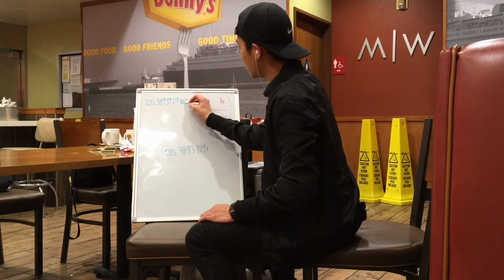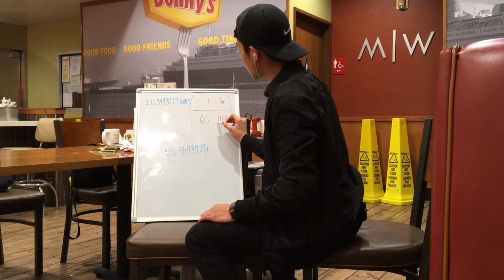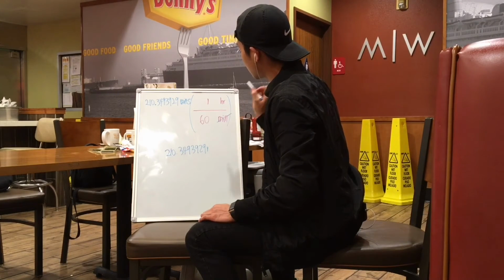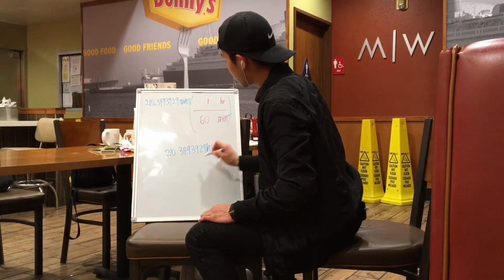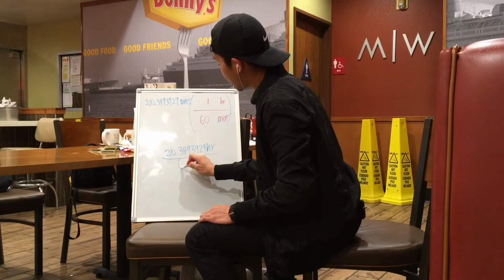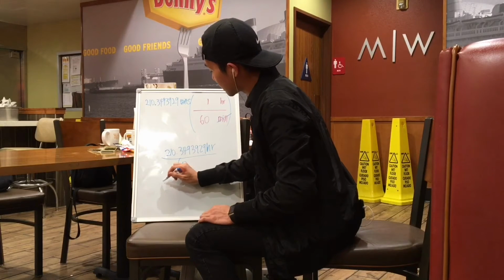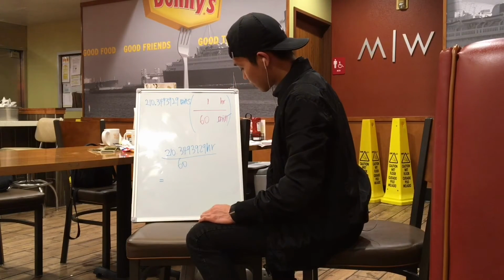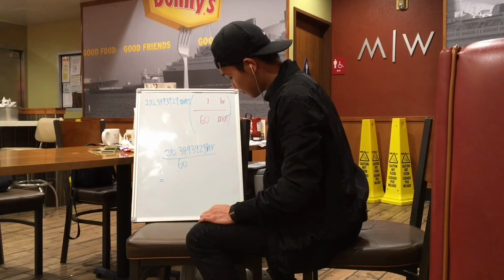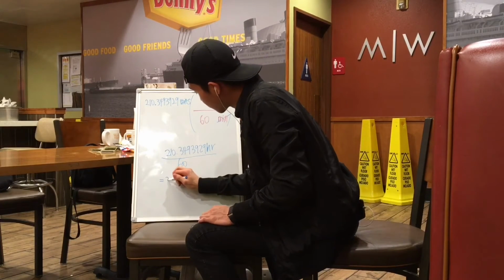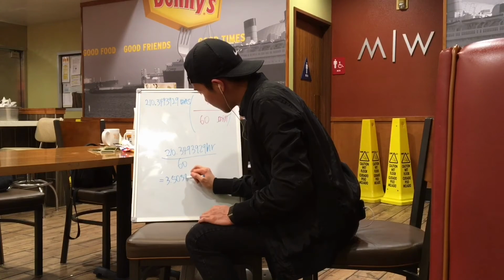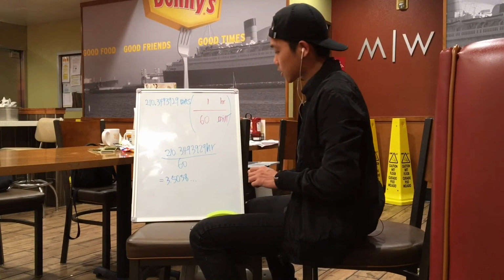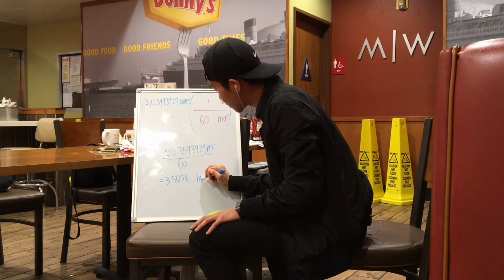Minutes are going to cancel out, so you're left with hours as your unit. Divide by 60. That's going to equal 3.5058 and some decimal points, in hours.